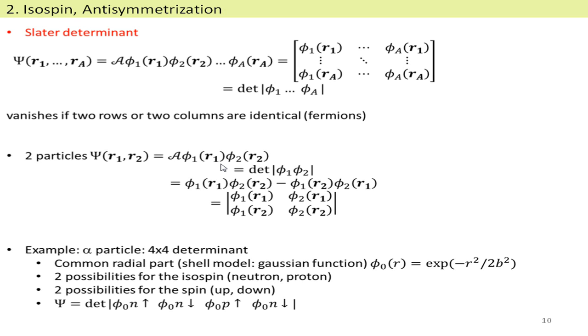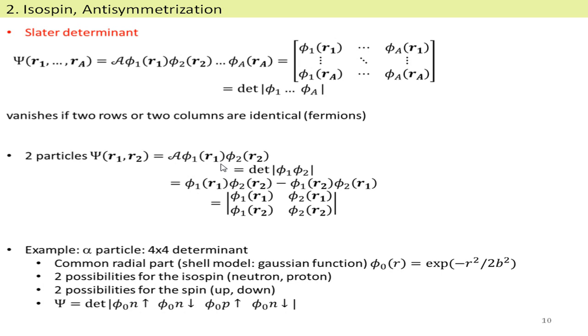So now, how to write an antisymmetric wave function? Well, the easiest way is to introduce a Slater determinant. I've shown in the slide before that the wave function is constructed from individual orbitals with the antisymmetrization operator in front of it.